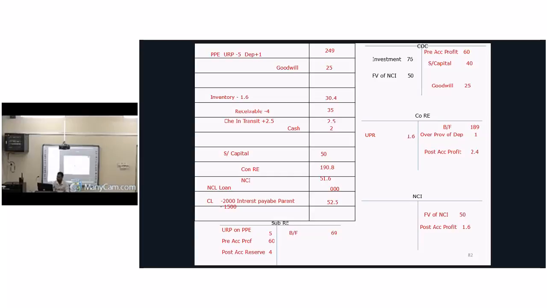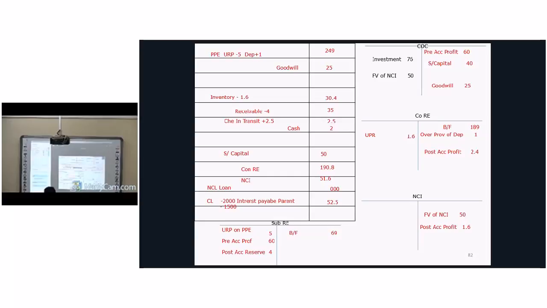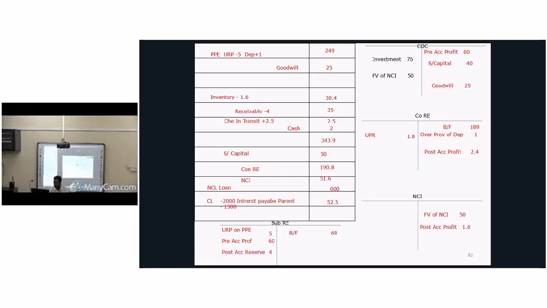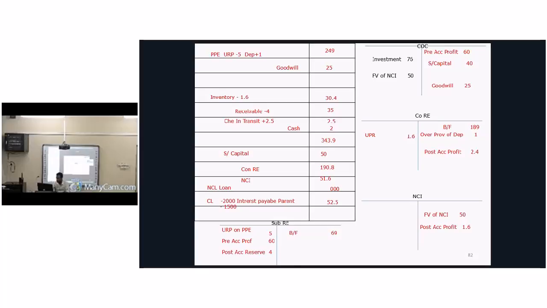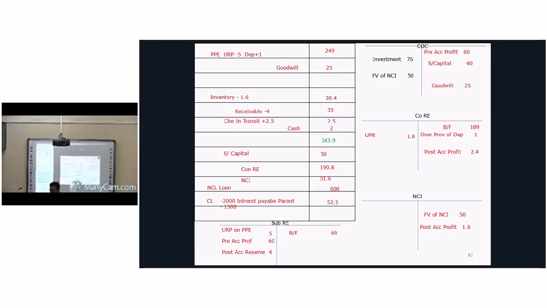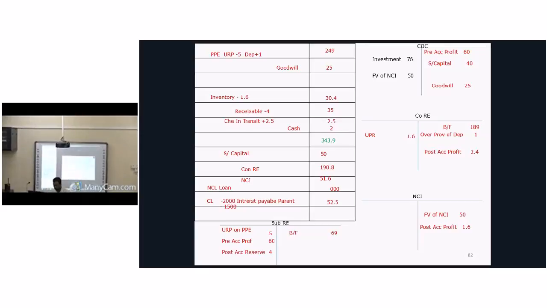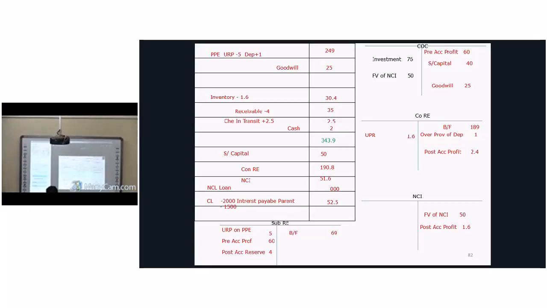Now this should balance. Let's see. This side total will be 343.9. This side, there is a difference of 1.